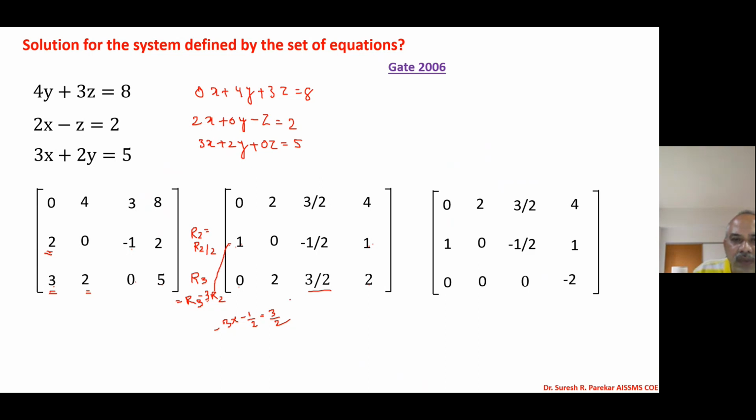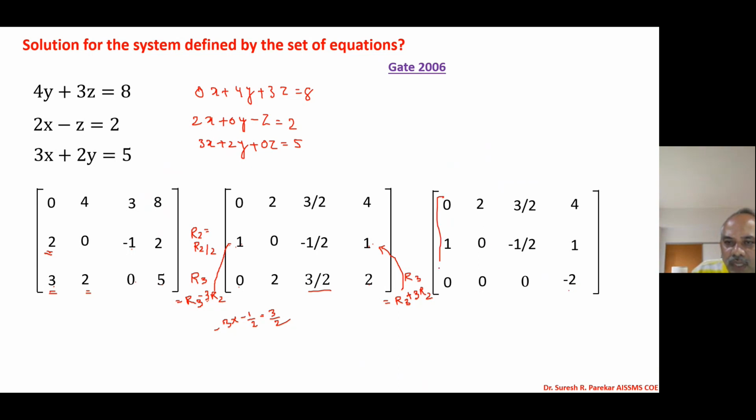So this will be an equation, and then we go one step ahead. We take R3 equal to R3 plus 3R2, and if we multiply this by 3R2, then this becomes 0, and this will be minus 2.